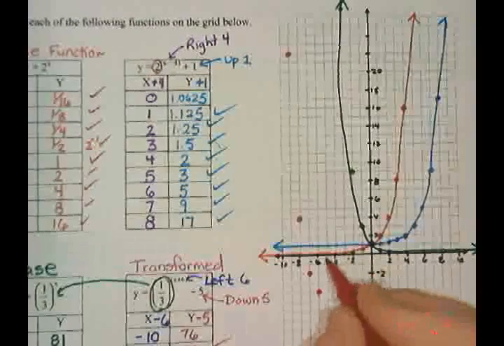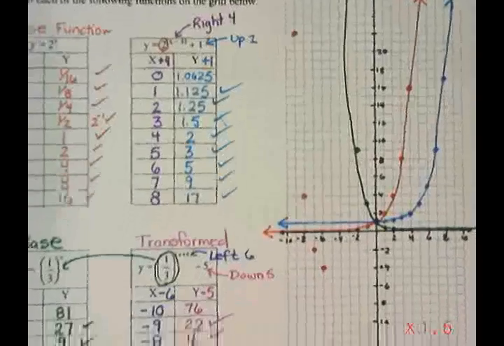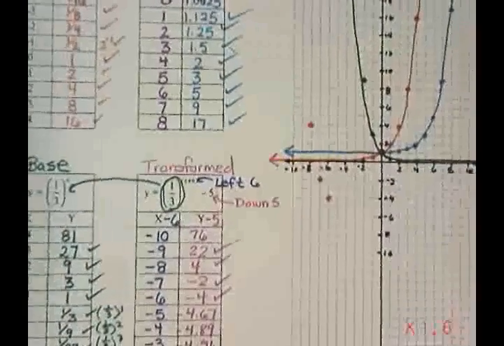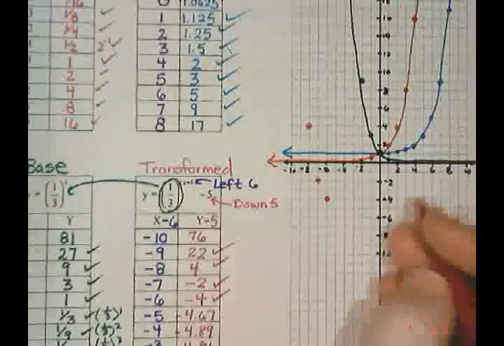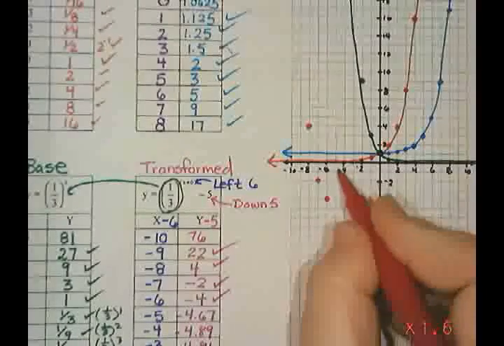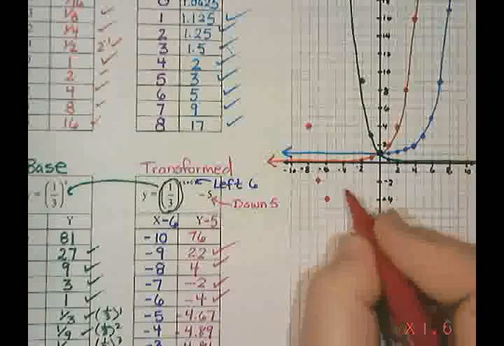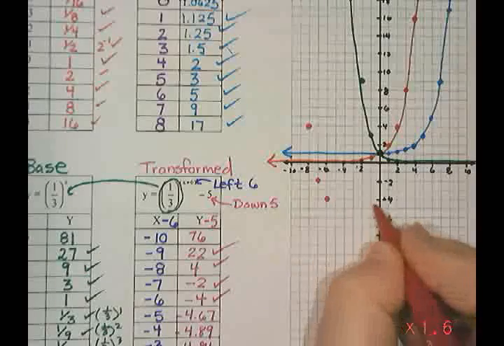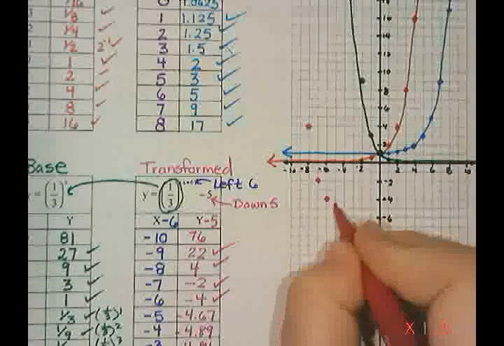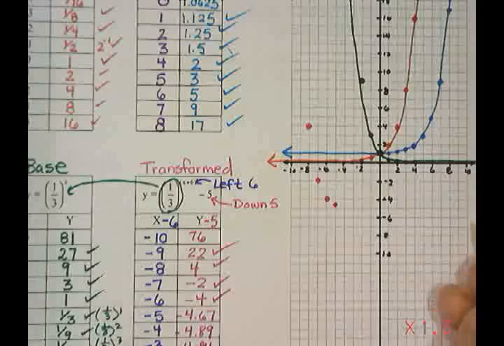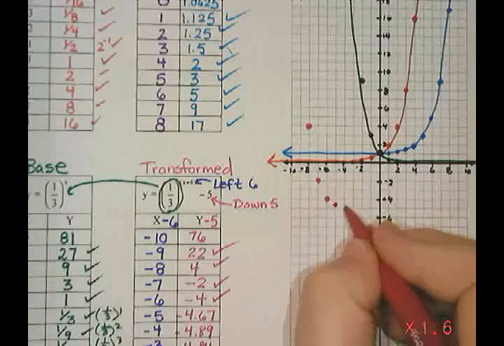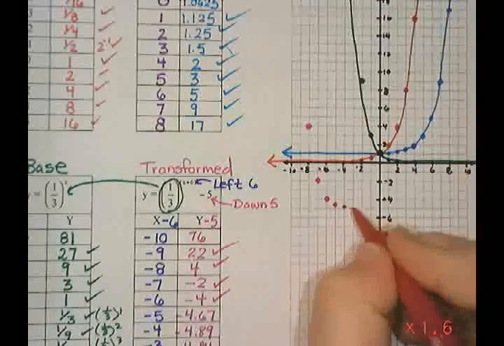Negative 5 and negative 4.67. So 4.67 is going to be just past the 4.5 mark. So there's 4.5. It's going to be a little bit lower than 4.5, a little bit closer to 5. And then negative 4.89 is just a little bit closer to 5.